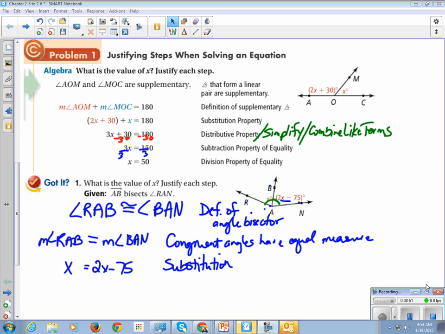All right, what do we do next to solve this? How about we subtract x from both sides, and that's going to be subtraction property of equality.